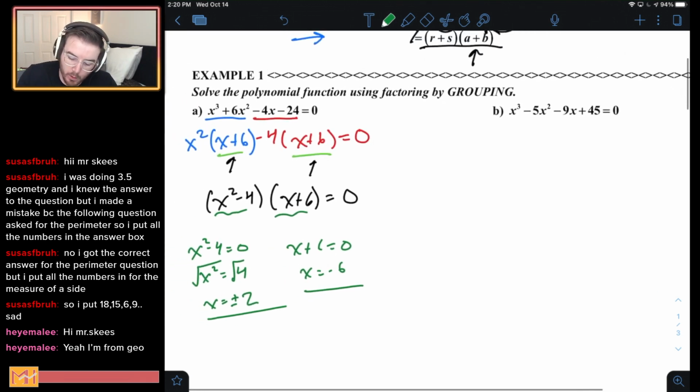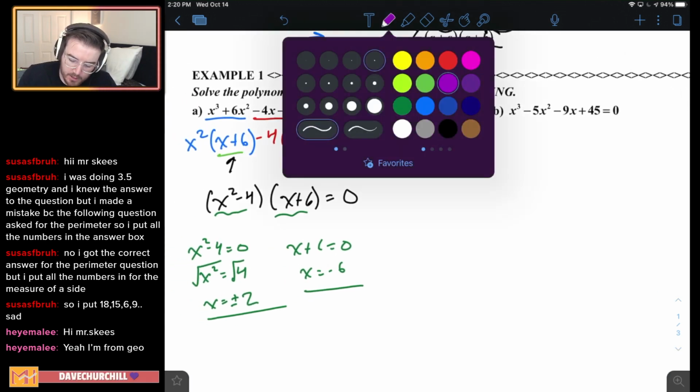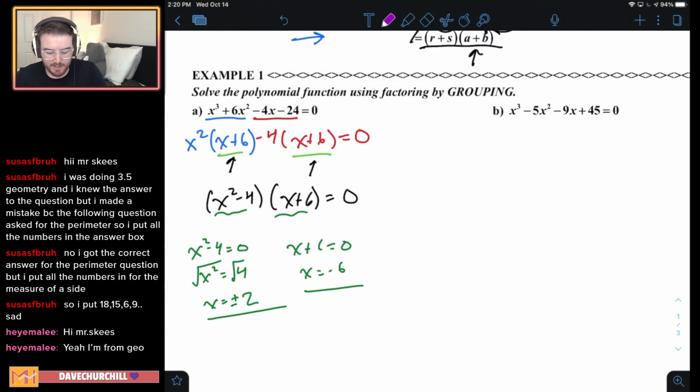Let me do it a little bit quicker just to show you how not stressful it is, right? I took the time to explain it there. You could always rewind a minute and 20 seconds to see me go through that one more time, but I'm going to say it real quick. Look at the first two terms. What's the GCF? X squared. And I'm left with x minus 5.